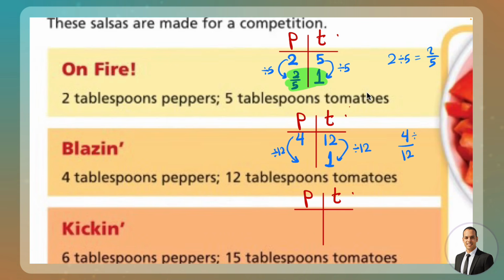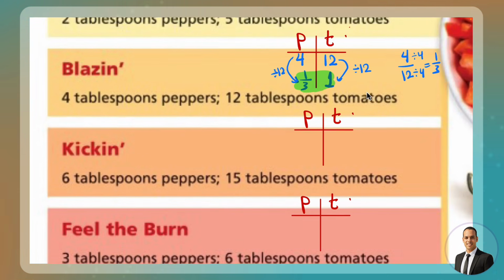Or you can simplify it by dividing up and down by the same number. Both numbers can be divided by 4. So it will be 1/3 tablespoon peppers to 1 tablespoon tomatoes. Okay, so we will need this unit rate also. It seems like On Fire and Blazing are not the same, because not the same amount of peppers on the 1 tablespoon tomatoes.